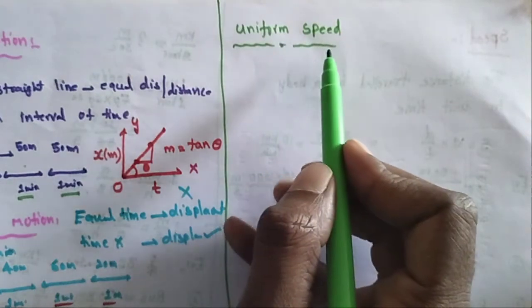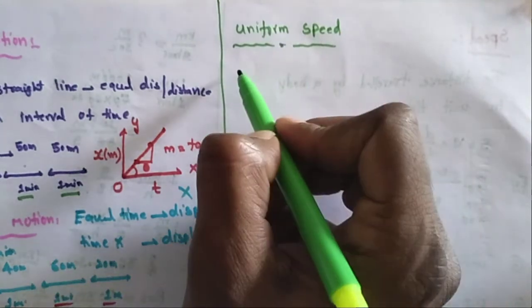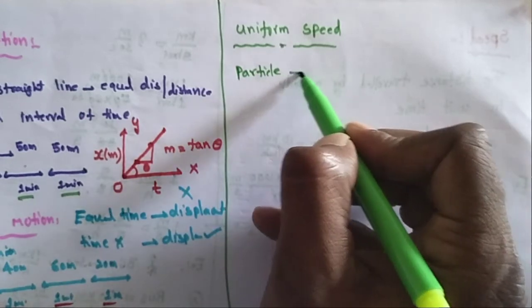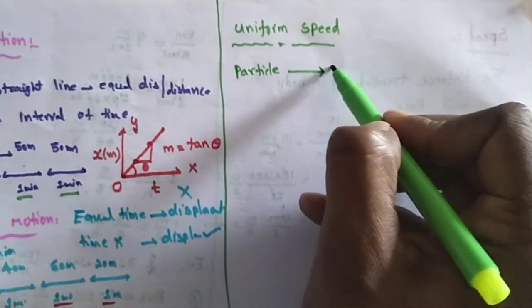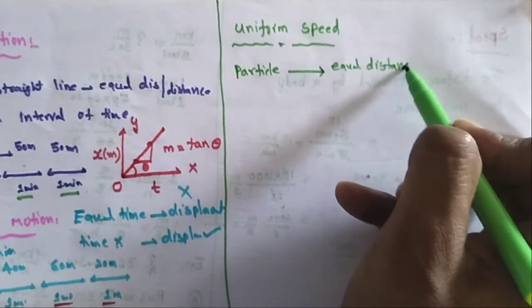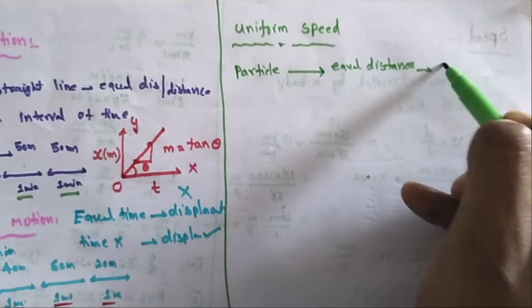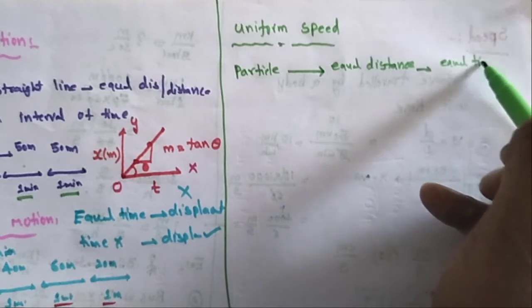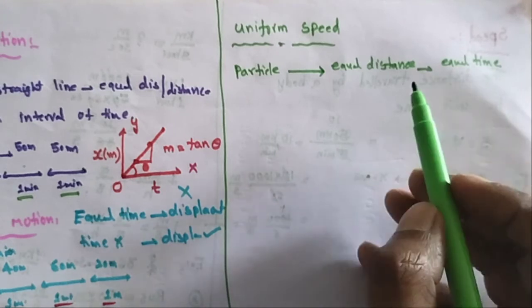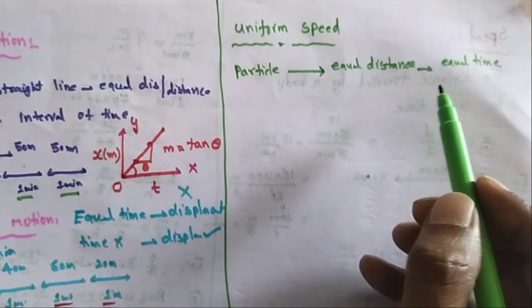Next, what is uniform speed? A particle moving in a straight line covers equal distance in equal intervals of time, however small the intervals may be.